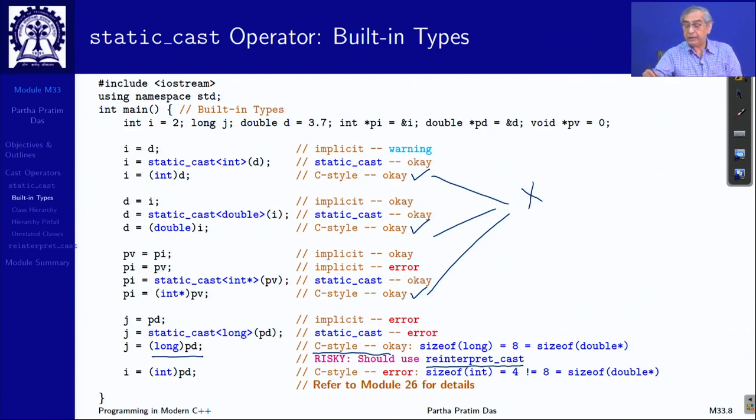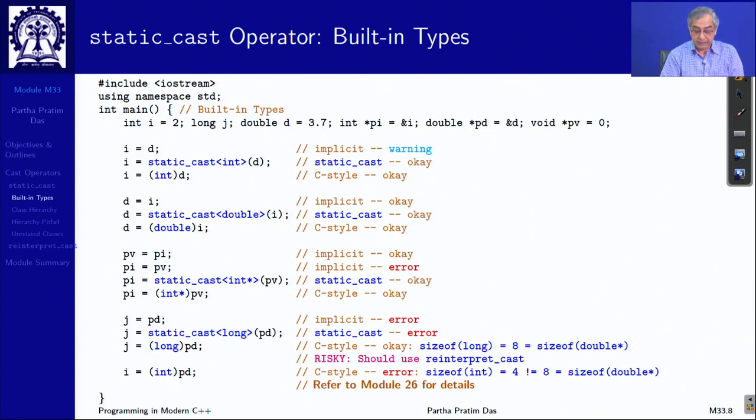While you do this conversion, again be reminded, we discussed in module 26 at length, that if you try to cast this in C style to long, it will be okay, but if you try to cast this in C style to int, you will get an error. This is for a machine where the long and the pointer are of size 8 bytes, but int is of size 4 bytes.